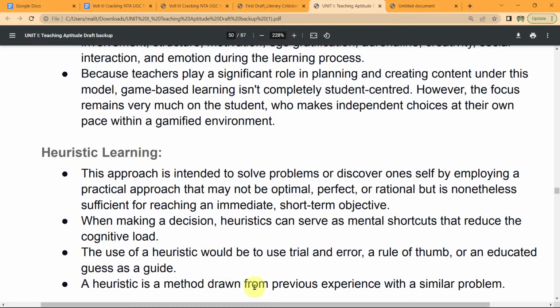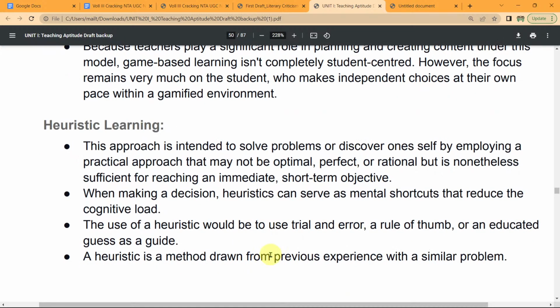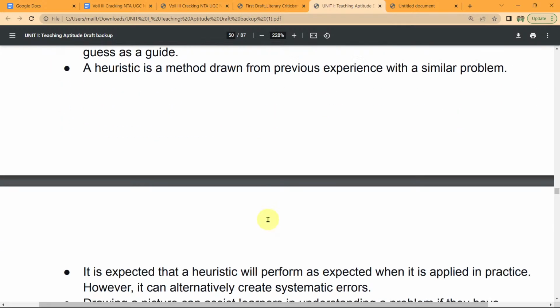So heuristic means trial and error, a rule of thumb. You approach, you might fail, you might pass, and you do all that practical trial and error where you learn. That is your heuristic learning.